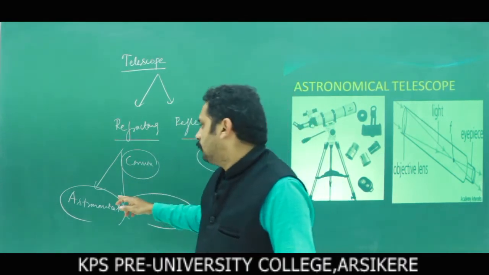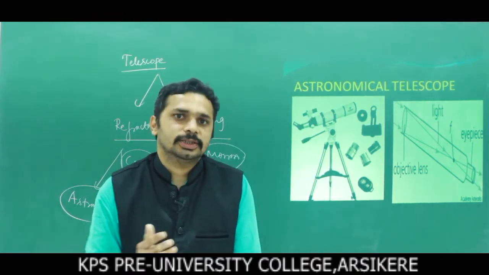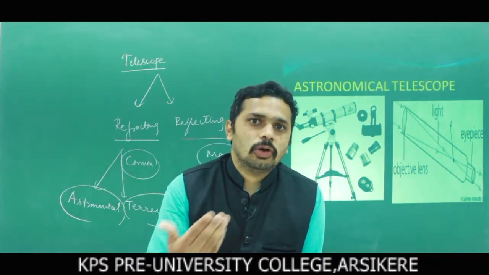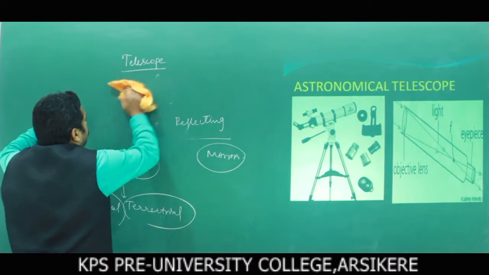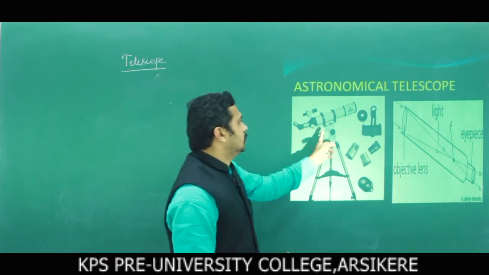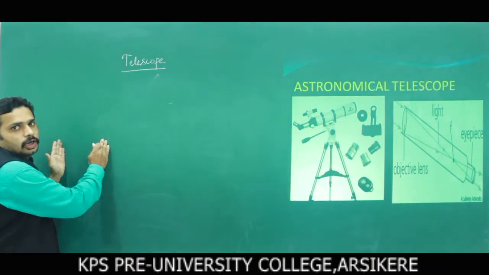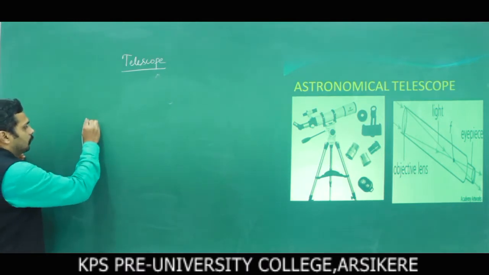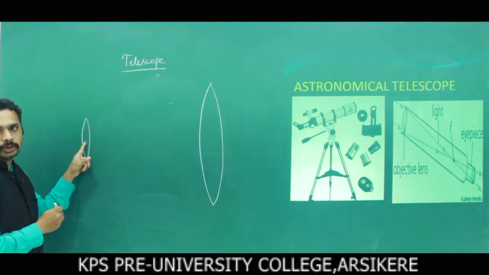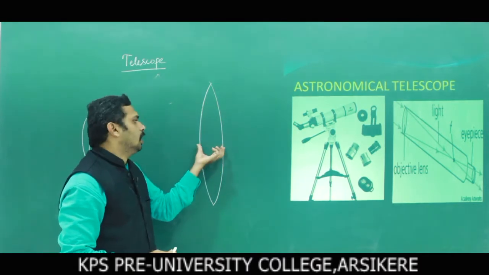May I clear this? For our syllabus we are using the astronomical telescope, the very important type of refracting telescope. Look here, this is the astronomical telescope. We know that in a compound microscope we used two lenses, where the objective lens is shorter in aperture and the eyepiece lens has a large aperture.